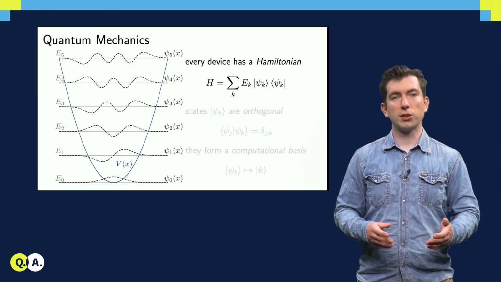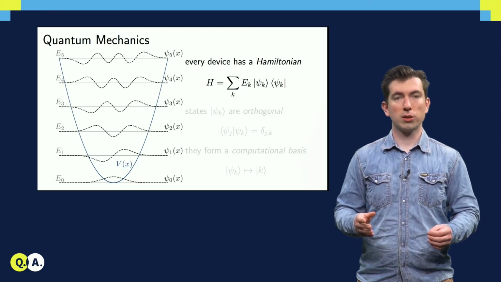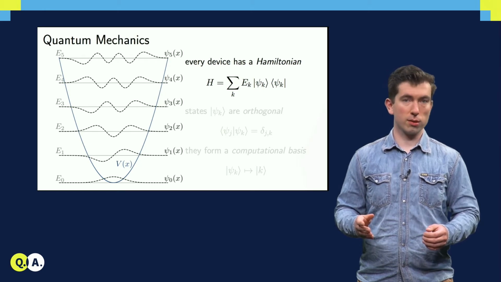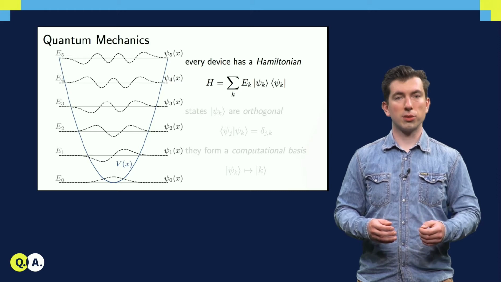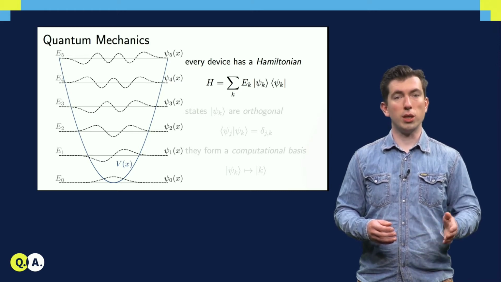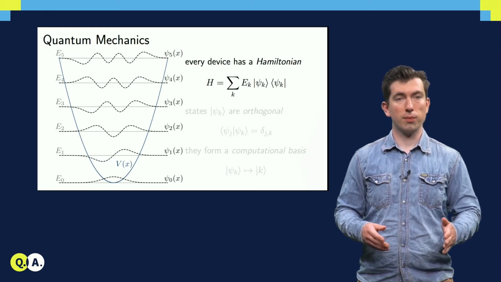Fortunately, the devices that we use to store and manipulate qubit states provide us with just such a default basis. One such device, which we see quite frequently in quantum mechanics, is the harmonic oscillator, shown on the left. These devices are described by a Hamiltonian, which is a matrix that assigns an energy Ek to each of its eigenstates, or preferred basis states, psi k.